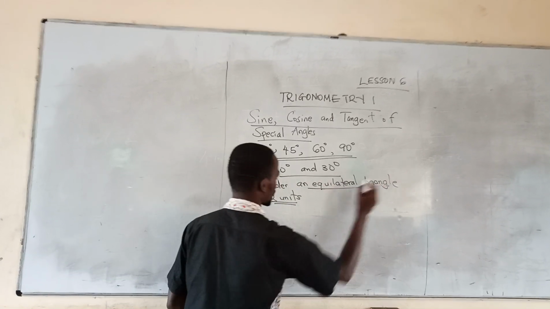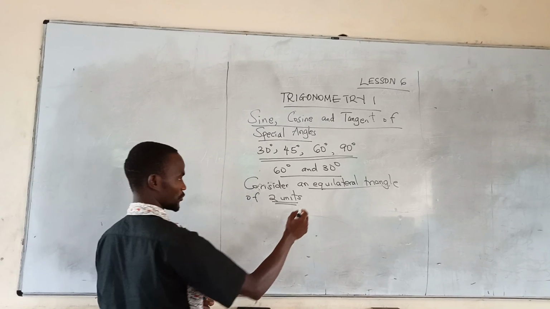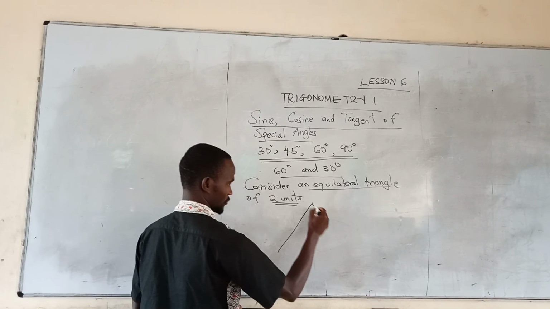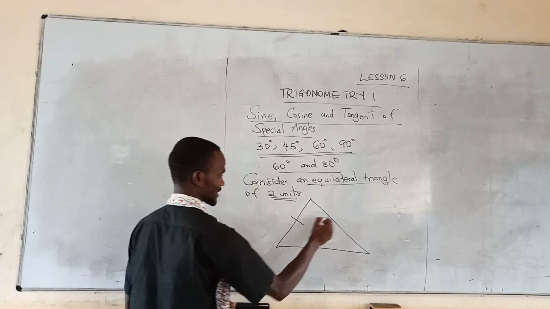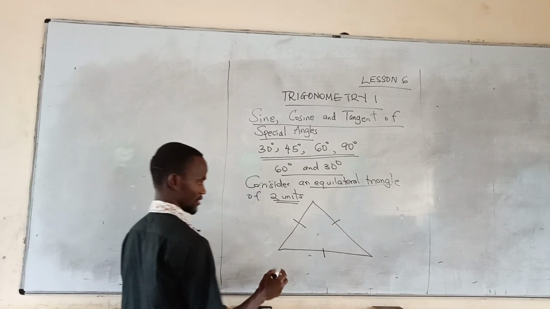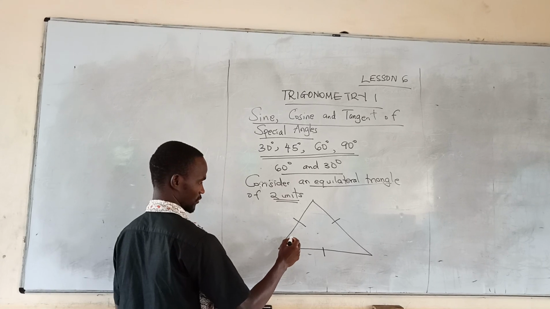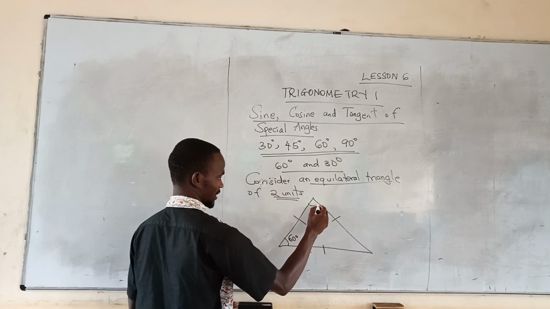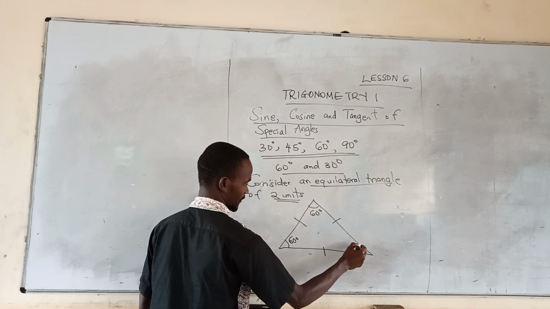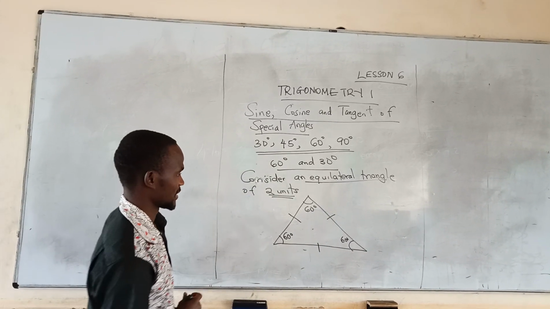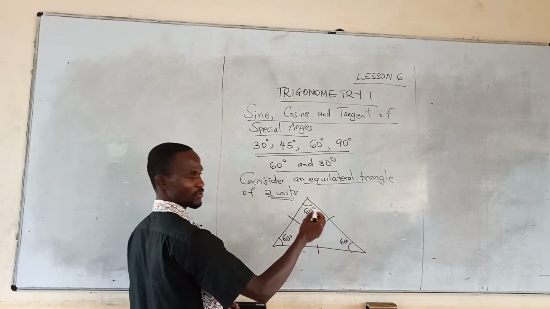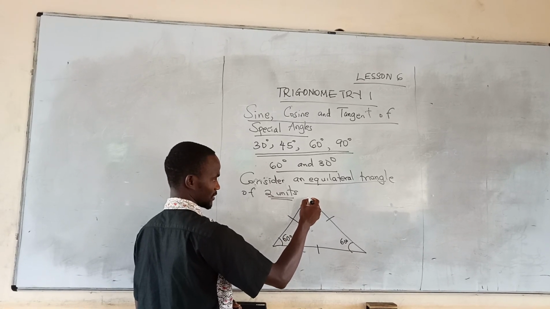You know in an equilateral triangle all the sides are equal, and all the interior angles are 60 degrees. Now, we can drop a perpendicular bisector.